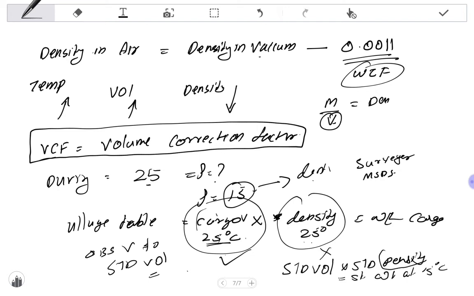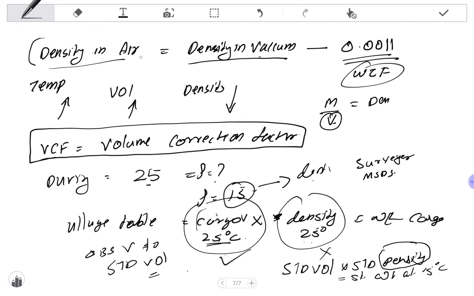So like I said earlier, the standard density at 15 degrees Celsius is actually density in vacuum. Okay, so if you want to find out the weight of the cargo in air, you need to multiply density in air with the standard volume.